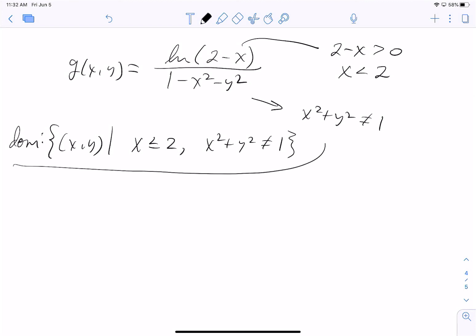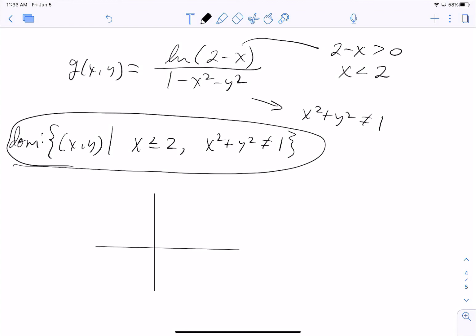So there's the find the domain portion, but then we're asked to sketch the domain as well. Because our g is a function of x and y, we again have a domain that is represented on the xy plane. We need to exclude the unit circle, and so a circle of radius 1 centered at the origin. I redrew it because I didn't like the first iteration.